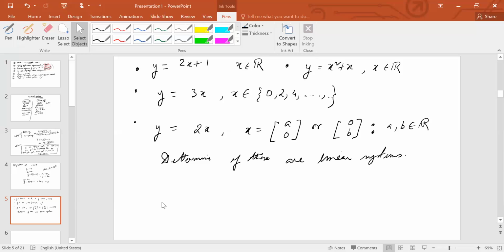So why are they static systems? Because you see that even if you say that all of these have an argument with respect to time, the instantaneous value of y is dependent only on the instantaneous value of x. So there is no memory involved here. So these are all static systems. So at least we've seen how to quickly determine whether a static system is linear or not.